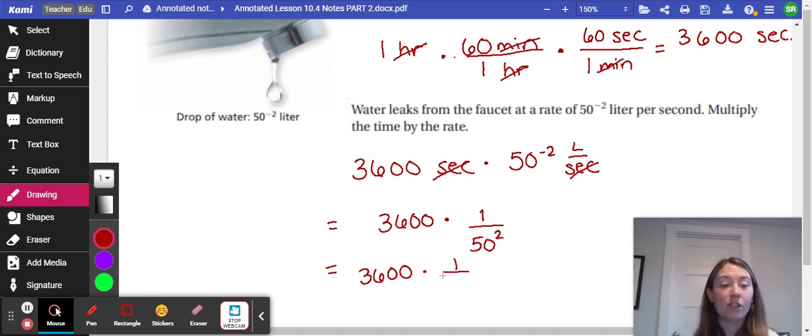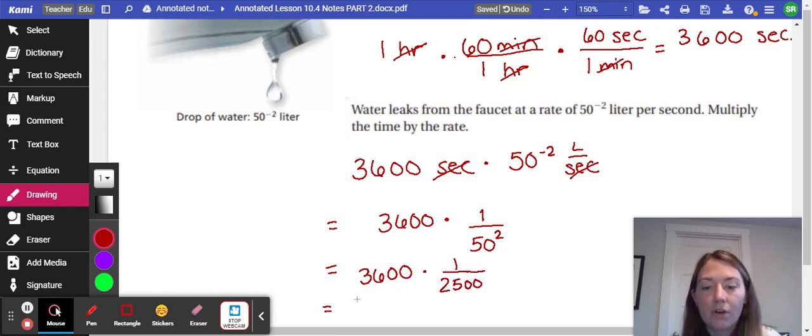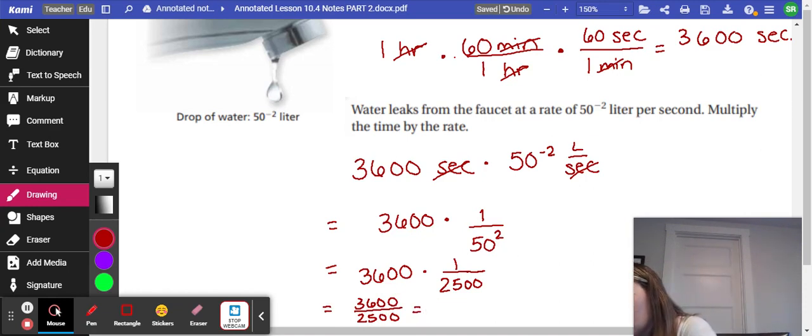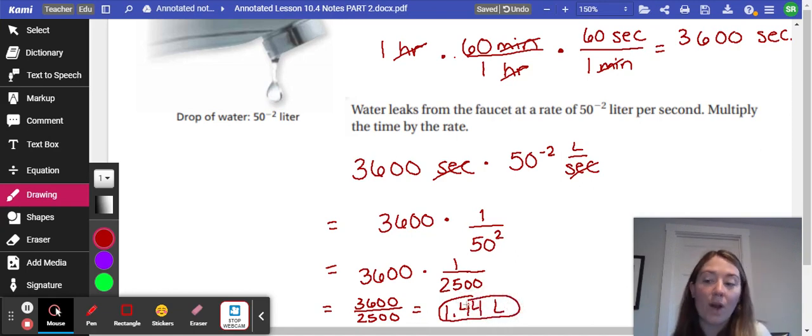So 50 squared, I can do 5 times 5, 25, and then add 2 zeros. And then multiply across. I get 3,600 over 2,500, and I'm going to divide to get my answer. And we get 1.44 liters. So now we know the amount of liters that drips from that faucet after 1 hour.